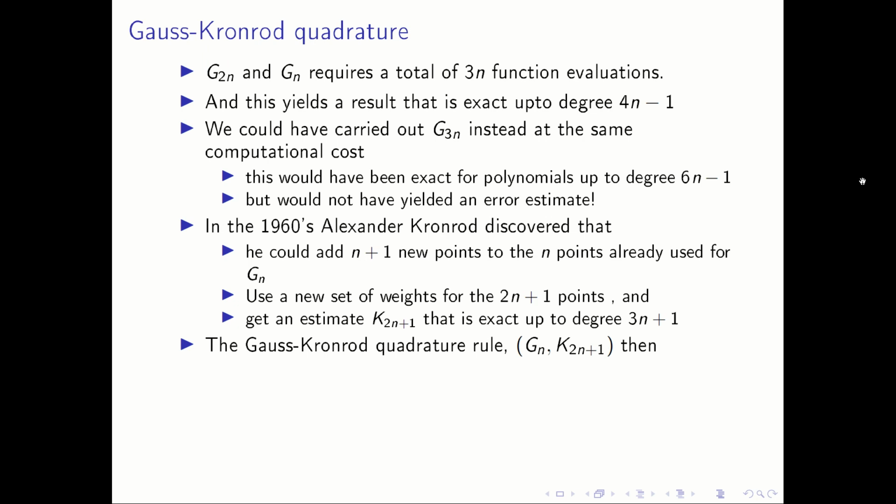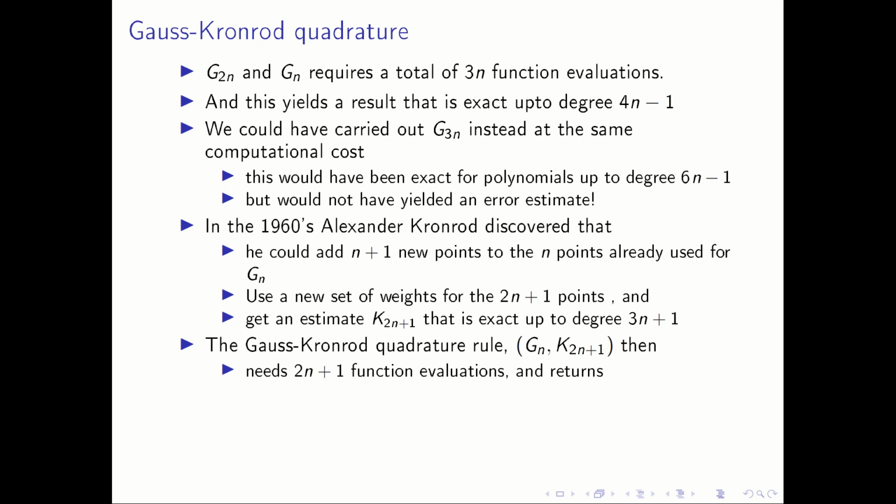So now instead of Gn and G2n, that is evaluating G for n points and 2n points, the Gauss-Kronrod quadrature rule becomes Gn and K2n+1. And this needs 2n plus 1 function evaluations because the points at which the function is being evaluated for the Kronrod part, K2n+1, include the n points that you need for the Gauss evaluation.